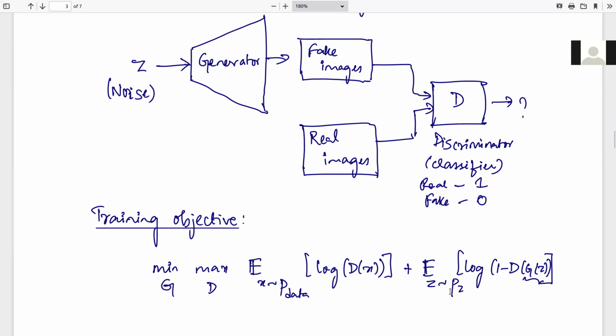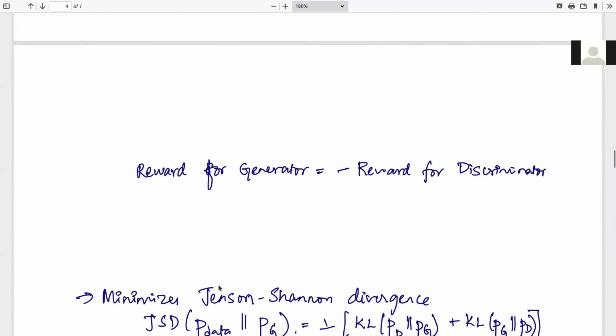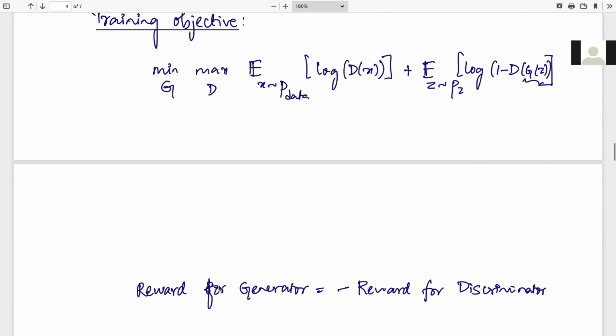That's why it's a min-max game. The discriminator is trying to maximize it while the generator is trying to minimize it. The reward for the generator, which is basically that the discriminator classified the fake image as a real image, is actually a negative reward for the discriminator.